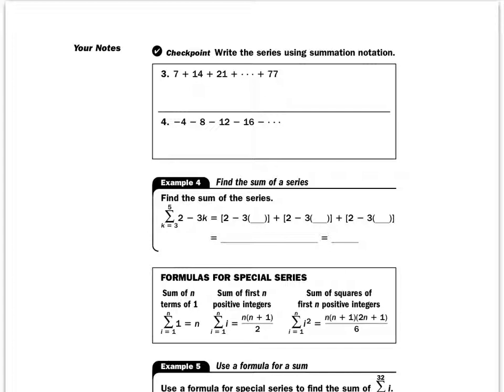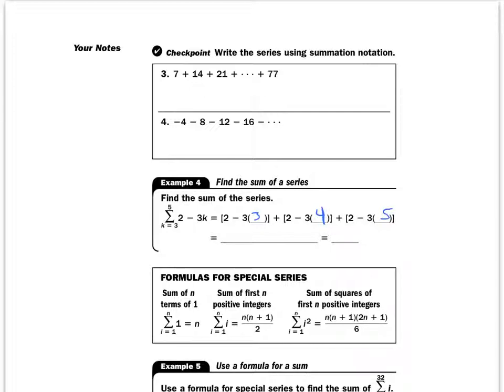Okay, on example 4, we're actually going to find the sum of the series. So this is fairly easy. They give us the rule, and they tell us the lower limit and the upper limit, and then we just add it. So here's our rule, 2 minus 3k, where k goes from 3 to 5. So I'm going to put in my 3, 4, and 5.